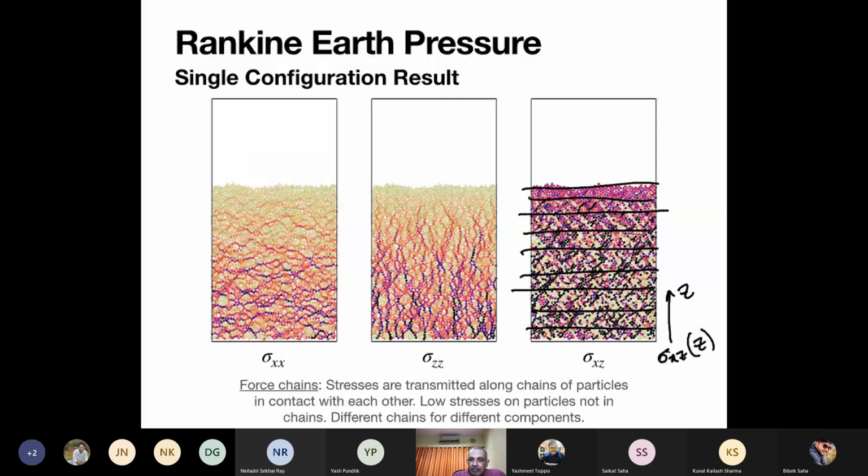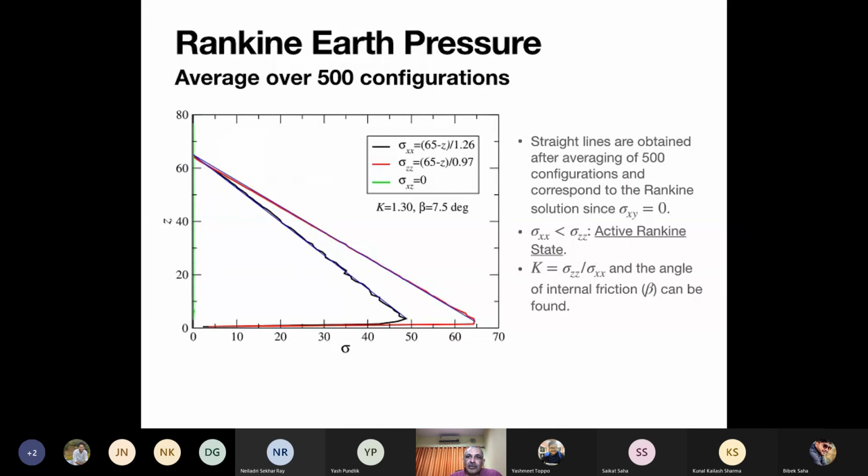We can do it for many configurations. I did it for 500, and this is the sort of result that you get. So this is z, the distance. This is the base, and on this side I've plotted the stress. This is in dynes per centimeter squared, so everything is in CGS units.